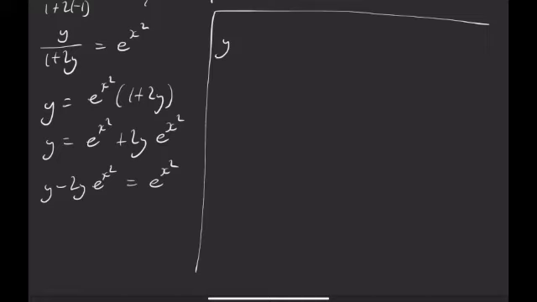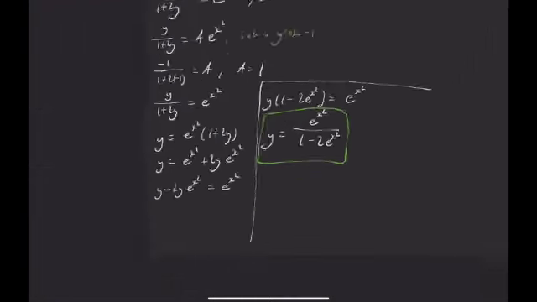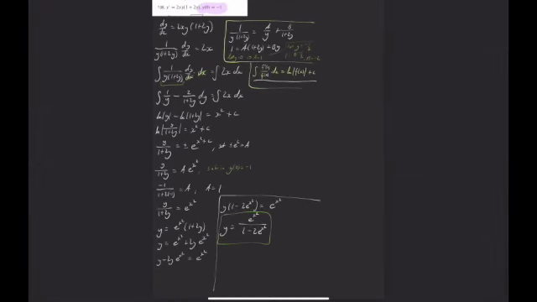Factor out that y. And then divide. So I get y equals e to the x squared over 1 minus 2e to the x squared. And that is our solution to our original equation. Okay, thank you.